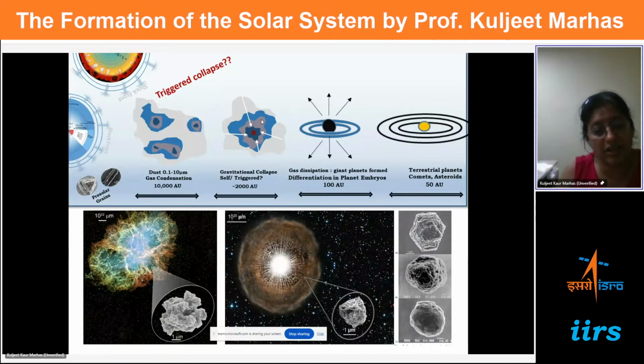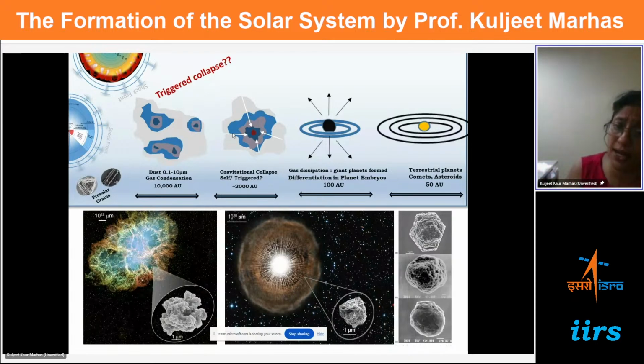Not only this, you can calculate whether the molecular cloud was collapsing within its own self-gravity, or whether it was a triggered collapse. For a triggered collapse, you need to find an isotope that is formed in, say, a supernova, and suppose the supernova is triggering it. The timeline of the isotope should be such that it can tell us the time scale from when the star died to the first formation of solids in the solar system.